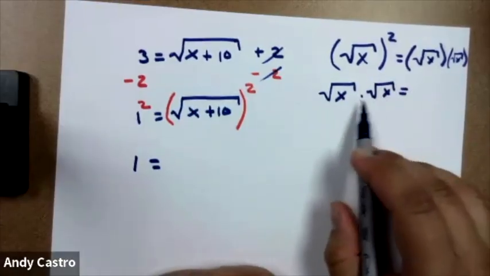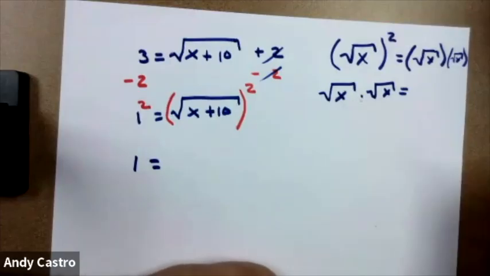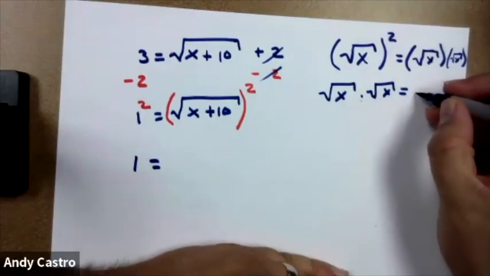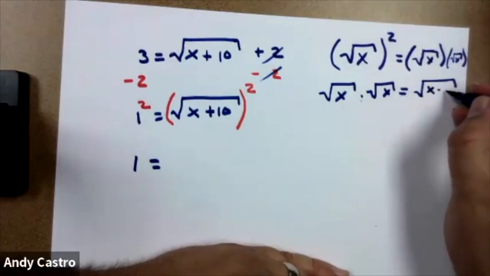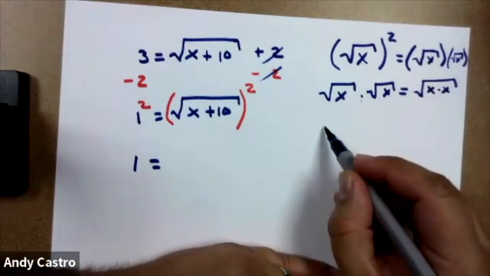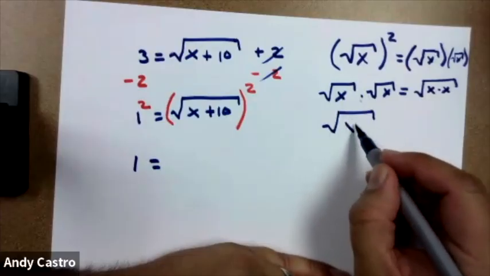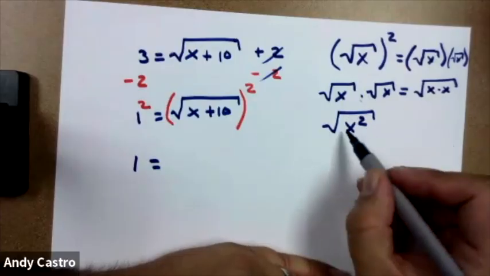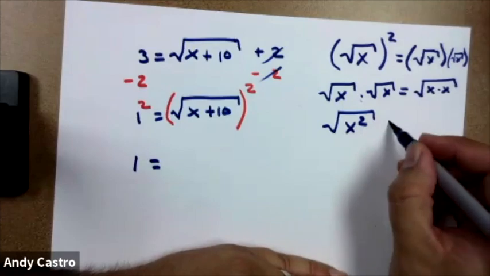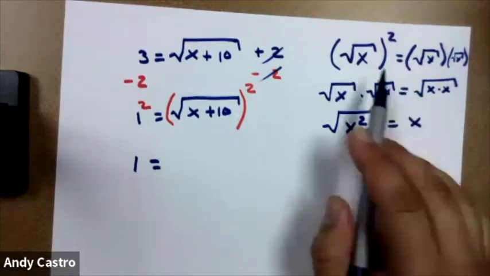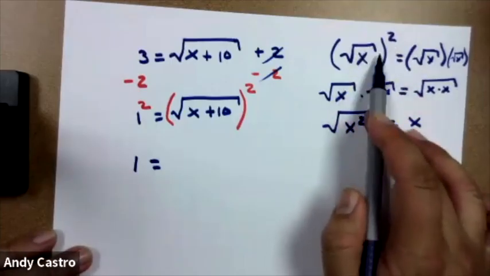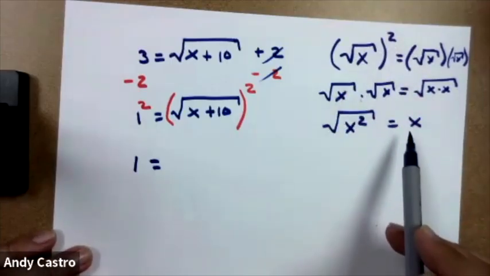Because of what I already know about radicals, I could put these under the same radical. So this is going to be the square root of x times x. X times x is x squared, and the square root of x squared is simply just x. So if I square the square root of something, it's just the something.